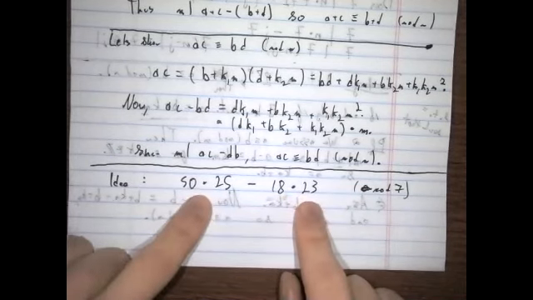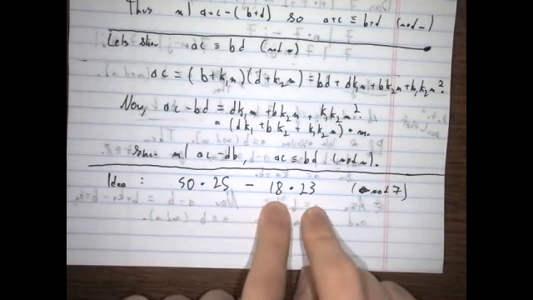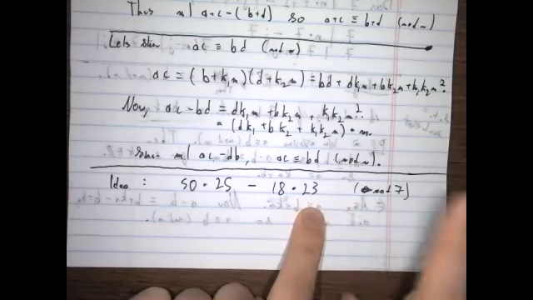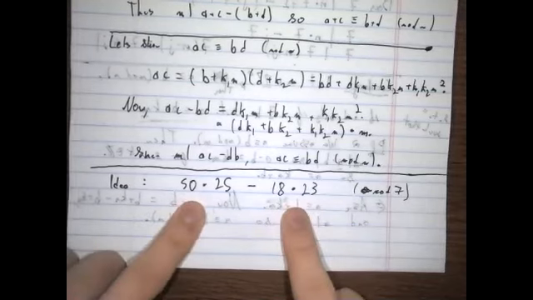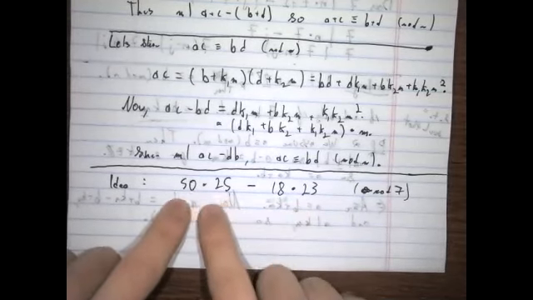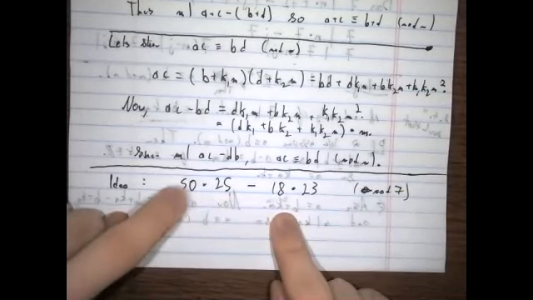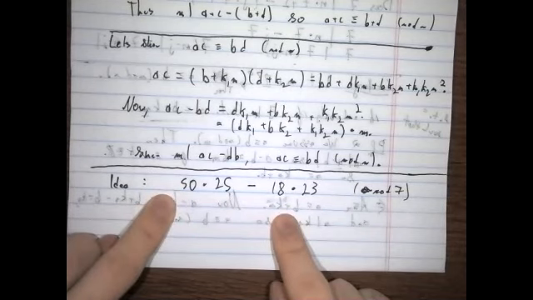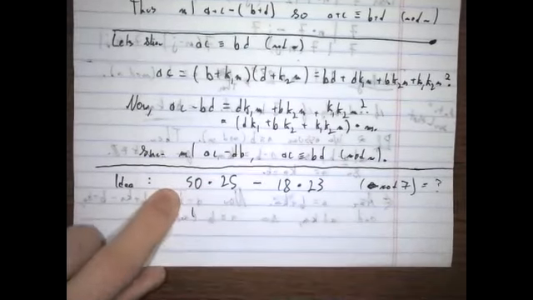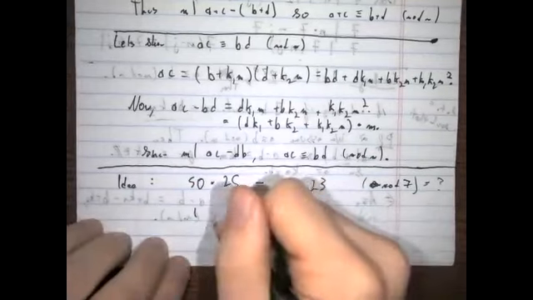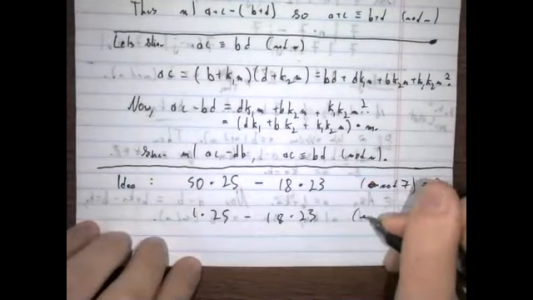So one way to solve this would be to literally compute this number, find out what 50 times 25 is, and subtract 18 times 23, and then look at the remainder mod 7. That's one way that we could go about this. But another way that we could go about this exact same problem is replace each of these numbers by their modulus, modulo 7. So what is the remainder of 50 mod 7? 1. So I could just replace this with a 1. This expression mod 7 is the same thing as 1 times 25 minus 18 times 23 mod 7.